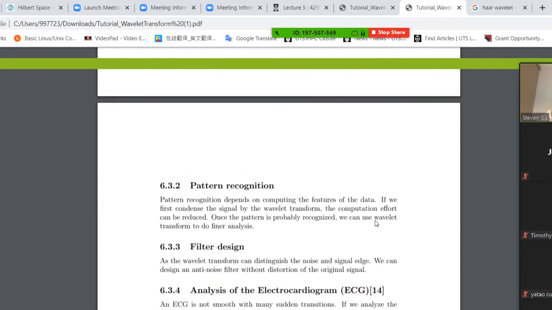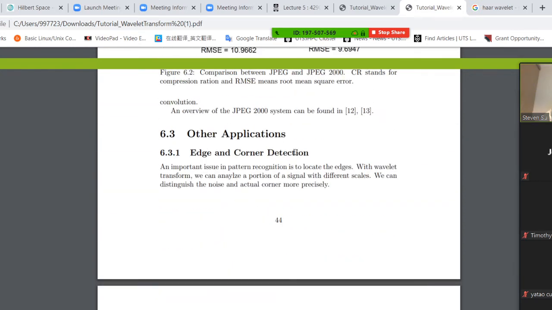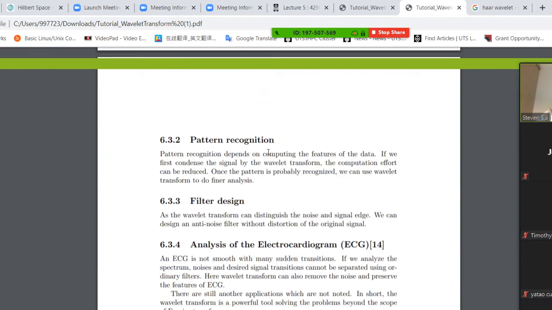You can also use it for edge and corner detection. You already see that for the detail, you emphasize the high frequency component and then you can detect the edge and the corner. Also pattern recognition: I mentioned you can use this to get the features of signals and then do the classification. It can also filter.